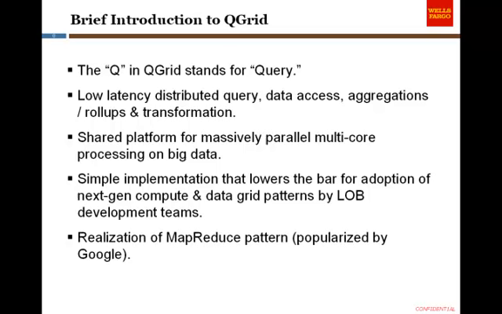When we were designing QGrid about a year ago, I'll be honest, I didn't know what MapReduce was. The whole philosophy was that we were from the grid side of the investment banking world, and we were very used to grid. So we were trying to develop a computational grid which is co-located with a data grid. We didn't have that solution.